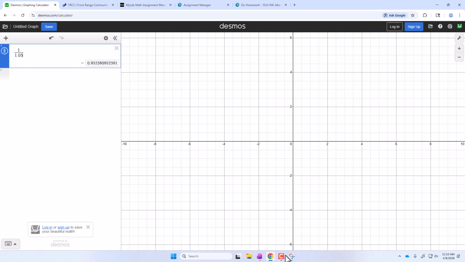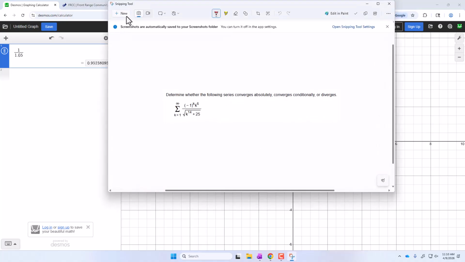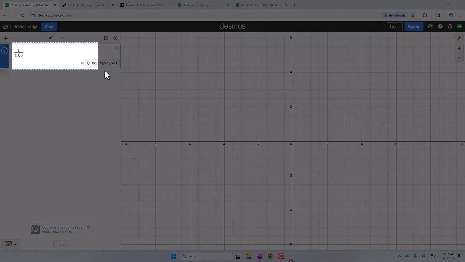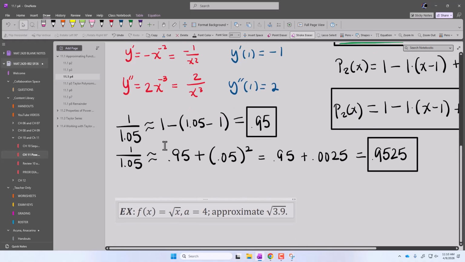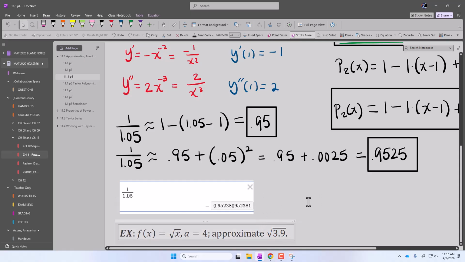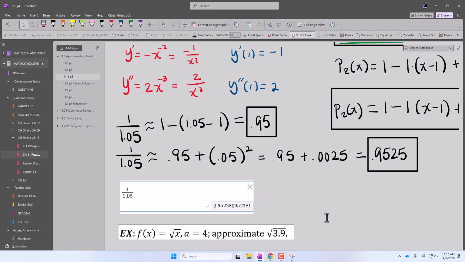So there is our actual. In general, we're going to get to a place where we don't know what this value is. Obviously, if somebody said approximate 1 divided by 1.05, we would just plug it in, like we just did there in Desmos. But that's because whenever we do a new concept, we start with things that you could do another way.